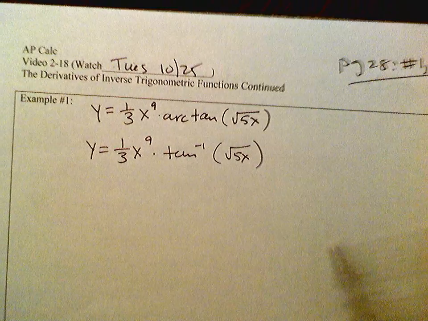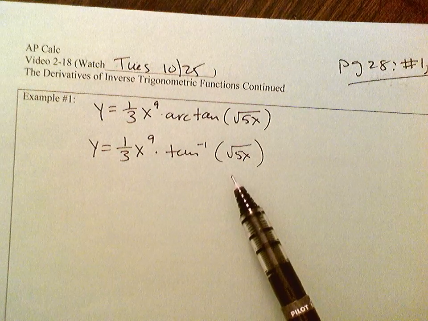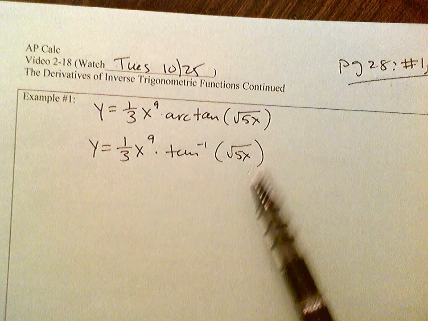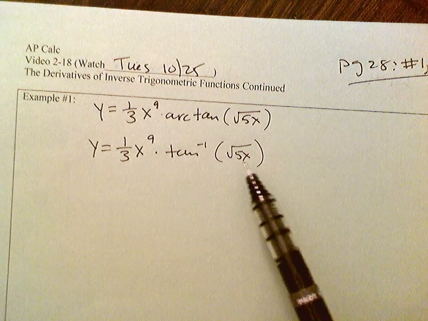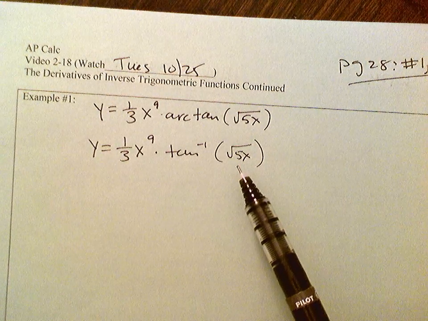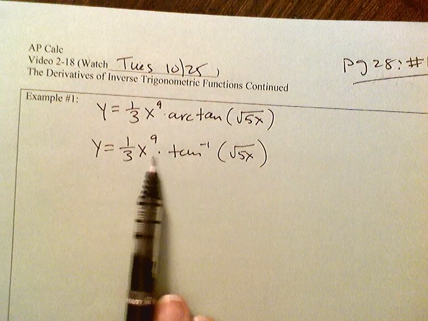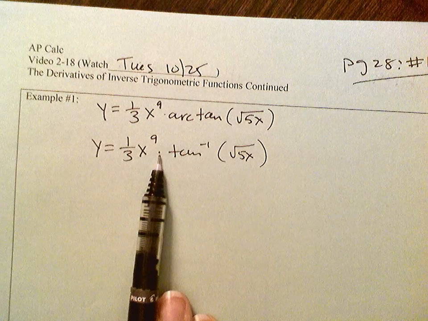And then I see inside of inverse tangent not just x, but another function, the square root of 5x. And if I just focus on the square root of 5x, that also is a function within another function. So definitely chain rule is involved. But then also, guys, this is a product of two functions, so the product rule is involved.